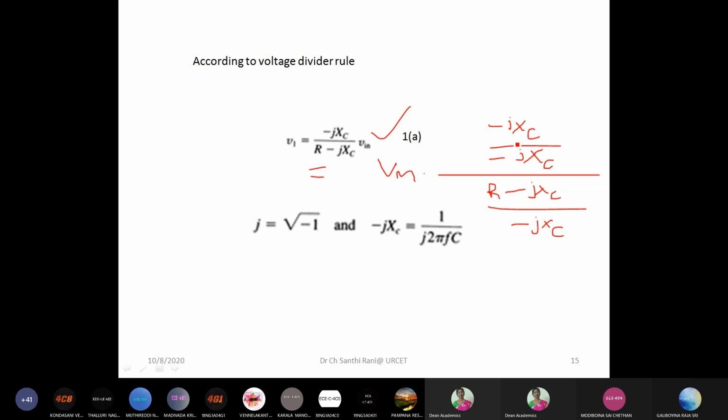Now what you will get: minus jXc gets cancelled. Here R by minus jXc you will get R by minus jXc, and here minus jXc by minus jXc is 1, so plus 1 you will get. So finally we can write V1 is equal to Vin, numerator 1 only, no?